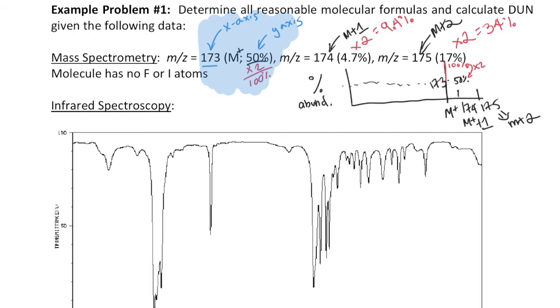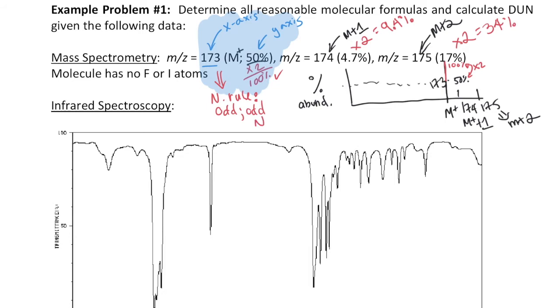We're going to look for the nitrogen rule. How do we apply the nitrogen rule to M? So let's see. M is 173. 173 is an odd number. Therefore, we have an odd number of nitrogens. Therefore, we do contain nitrogen. We have 1 or 3 or 5 nitrogens.